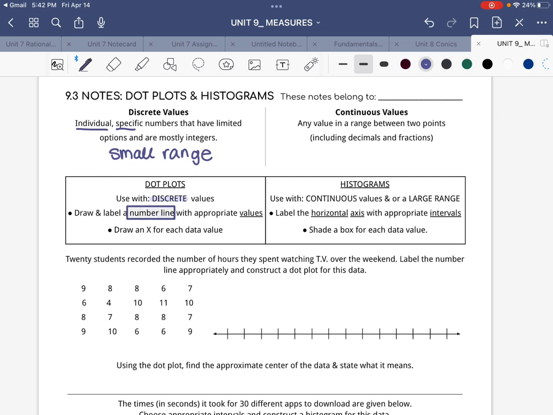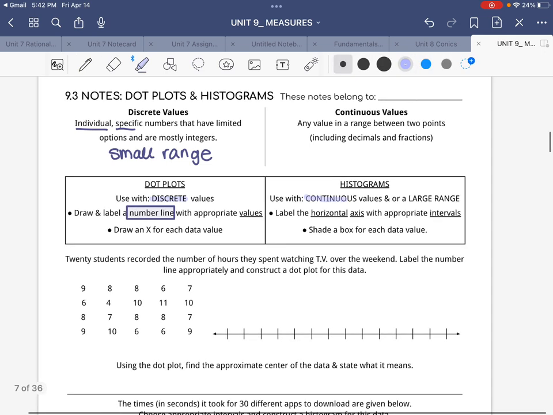When we use histograms, they're kind of like bar graphs, but they're not exactly the same. What they are going to be is continuous values. So a continuous value is something that can have decimals or fractions. So something like the height of a person.